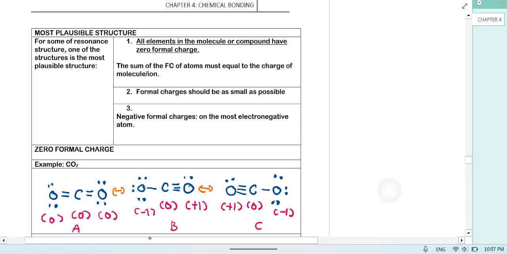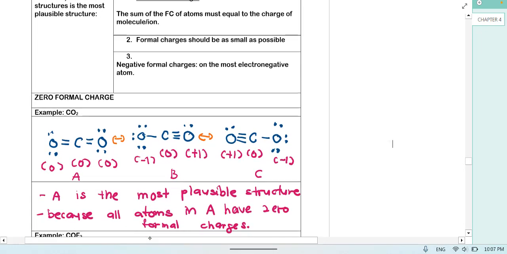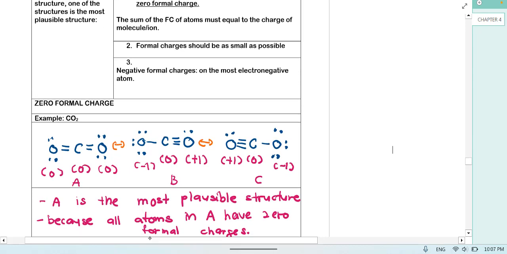Okay, so A is the most plausible structure because all atoms in molecule A have zero formal charges. So, kita kena mention semua atom dalam molekul A ada zero formal charges.